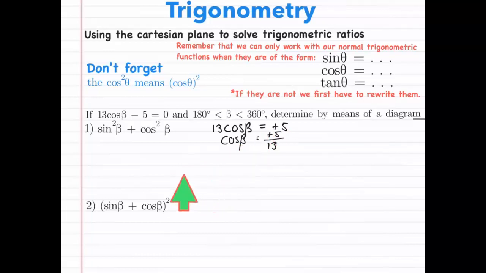Okay, so now I quickly go and draw a small Cartesian plane like this with our CAST in it, just to make sure that I know where this cosine beta is actually on this Cartesian plane. So the cosine beta is a positive ratio. So it can either be in the fourth quadrant or in the first quadrant, right?